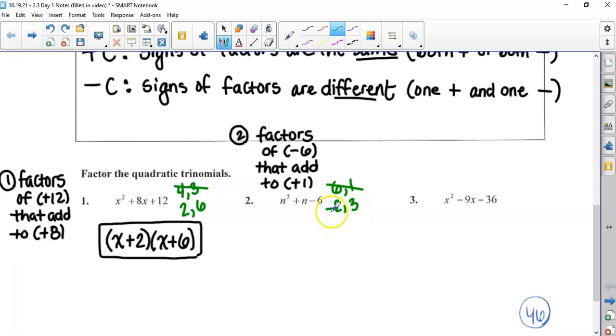And when I add these together, factors of negative 6 that add to a positive 1, negative 2 plus 3 is the positive 1 that I need. So my factored form is going to be n minus 2 times n plus 3. Notice, I'm literally taking these numbers, dropping them in, and I'm done. That is my answer. n minus 2 times n plus 3.